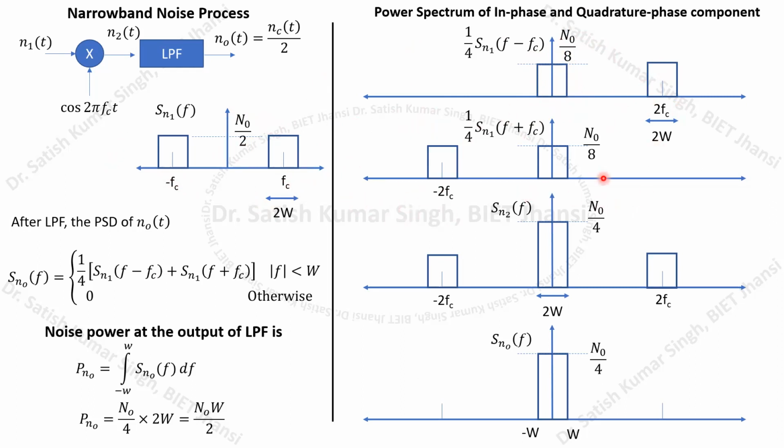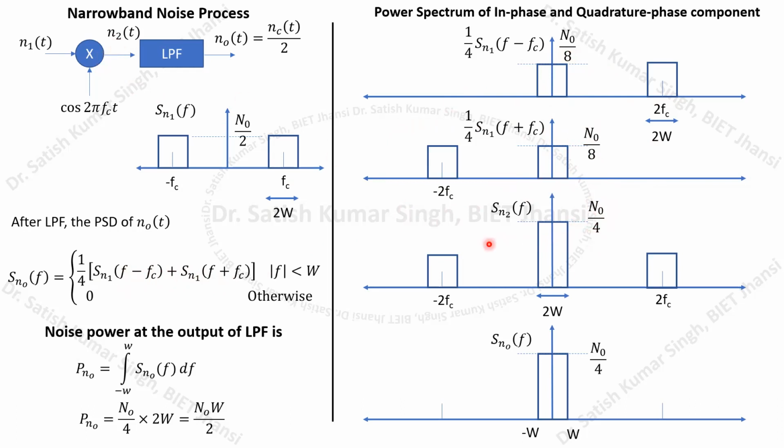So we get these two spectra, and because we have to add them together, these two are the overlapping portion of your power spectral density function, and therefore the output we get is N0/4, because N0/8 plus N0/8 becomes N0/4. So this is the power spectral density of this particular N2T.